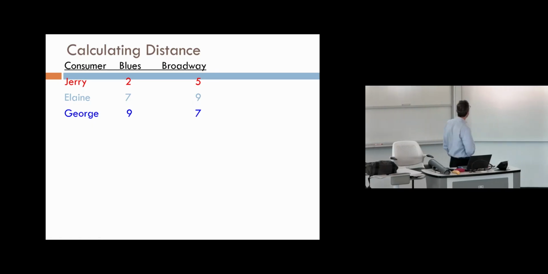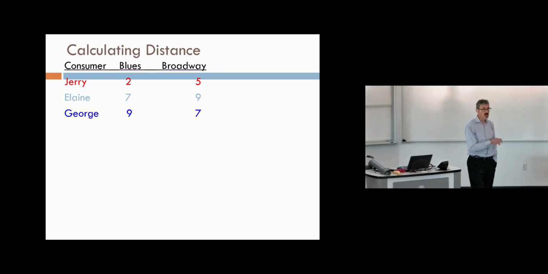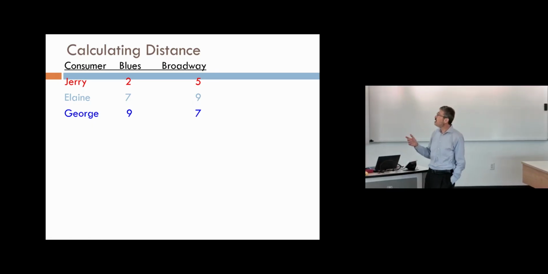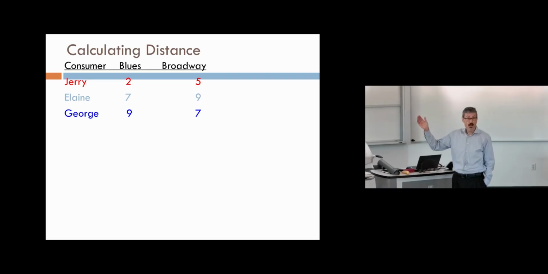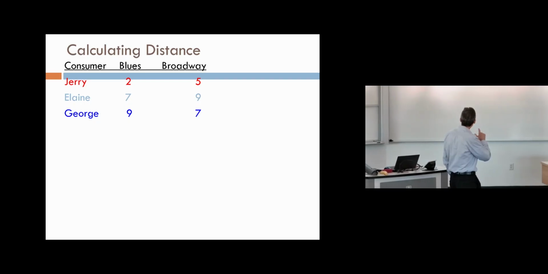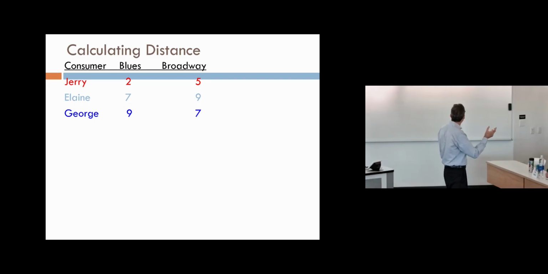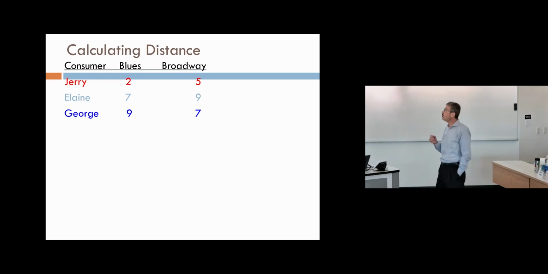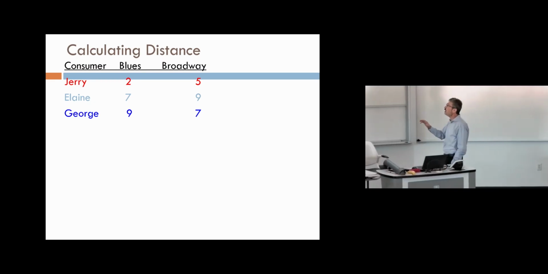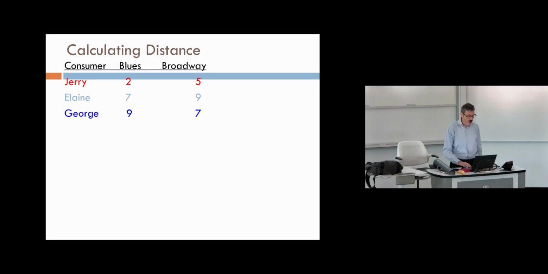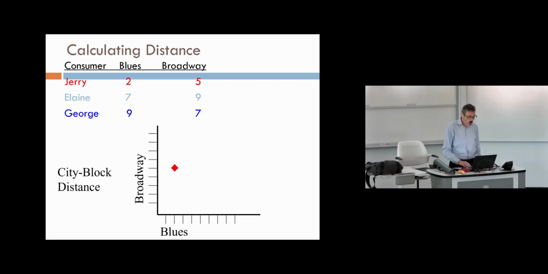So imagine that I have only 3 customers and only 2 different kinds of music. There's someone named Jerry who doesn't like blues and he's kind of okay with Broadway music. Elaine likes blues and really likes Broadway. George really likes blues and kind of likes Broadway music. And so one way that I could calculate the distance is something called city block distance, or what's also referred to as Manhattan distance, because Manhattan is set up in blocks.